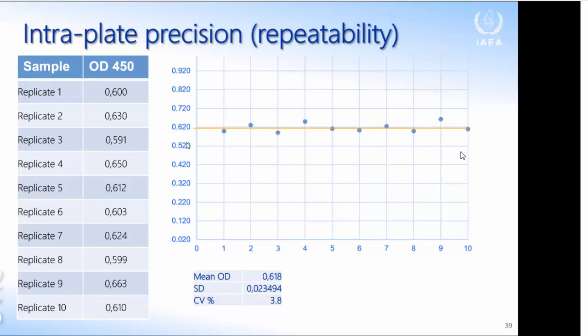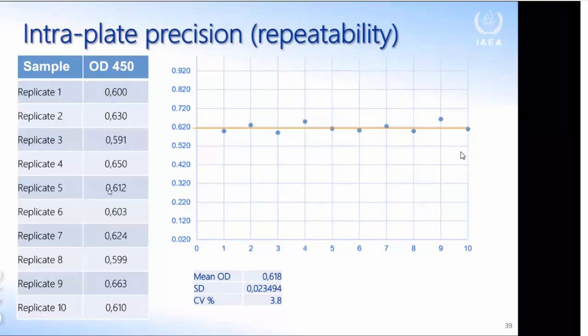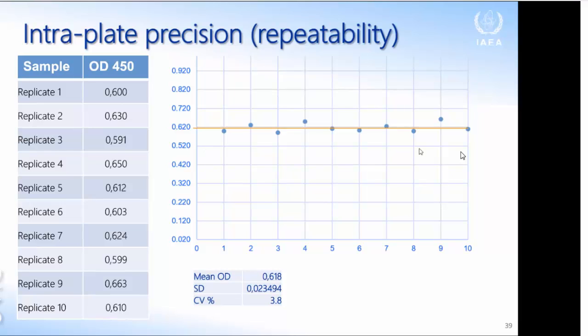If we plot that on the graph and calculate, the mean value would be 0.618 OD, standard deviation would be 0.02, and the coefficient of variation for this data set would be 3.8%, which, as can also be seen from the dispersion of the results on this graph, shows that we have good repeatability.